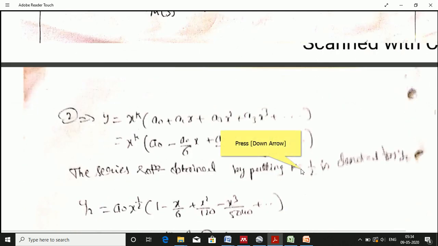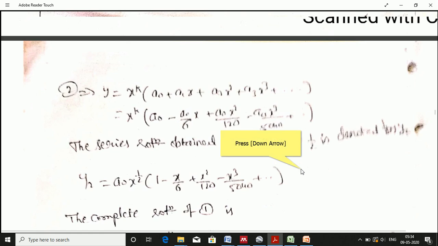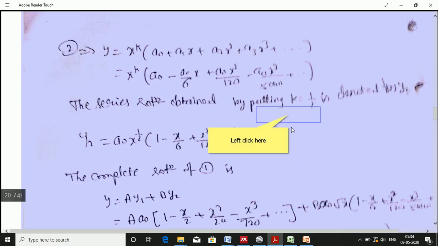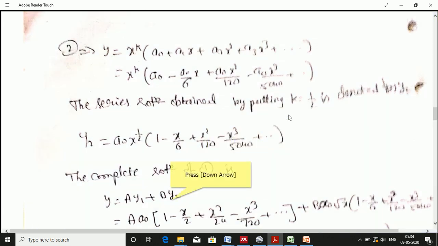Substitute these values in the expanded form of equation 2, y is equal to x power k into a0 plus a1x plus a2x square plus a3x cube plus so on. The series solution obtained by putting k is equal to 1 by 2, we call that y2.